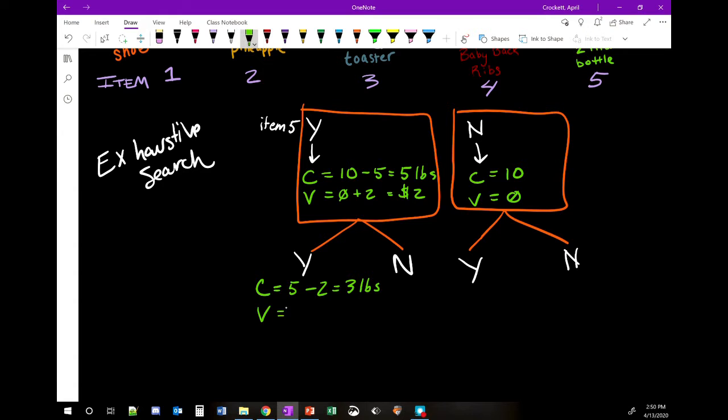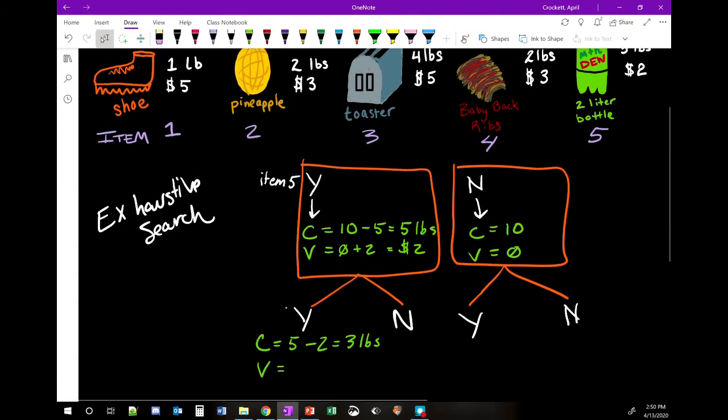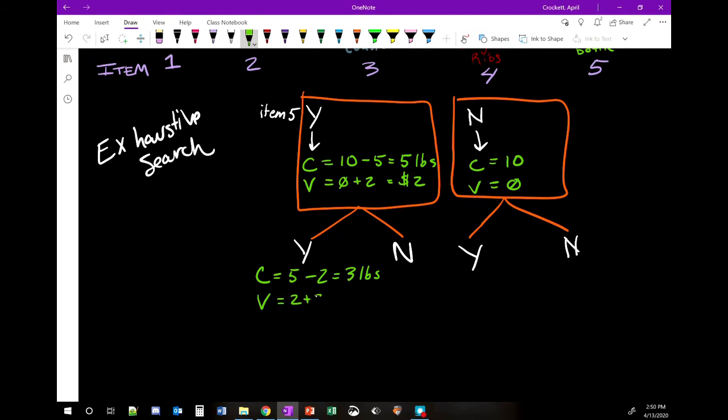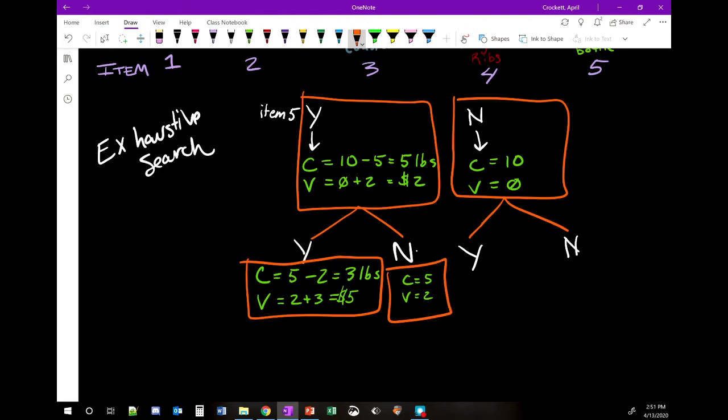The value, we did have a $2 value, and we're going to add the ribs at $3, 2 plus 3, so we now have a $5 value in our knapsack. Now if we said no to the ribs, but we had still said yes to the Mountain Dew, then our capacity is 5 pounds and our value is 2. It remained the same from our previous decision.